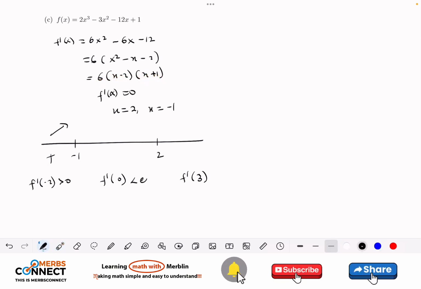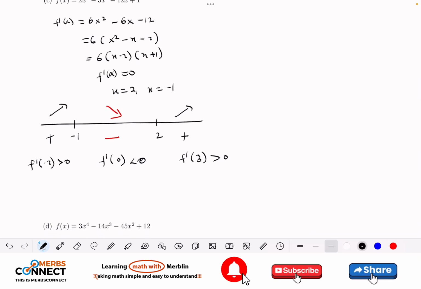So it should be less than 0. So this is going to give us minus, and this is going to decrease. Let's look at 3. When I put 3 here, this one will be positive, this one positive. So automatically this one will be greater than 0, and this one is going to be plus, and this is going to increase.